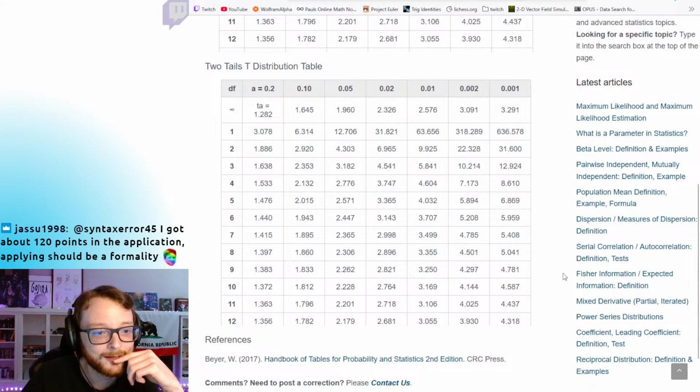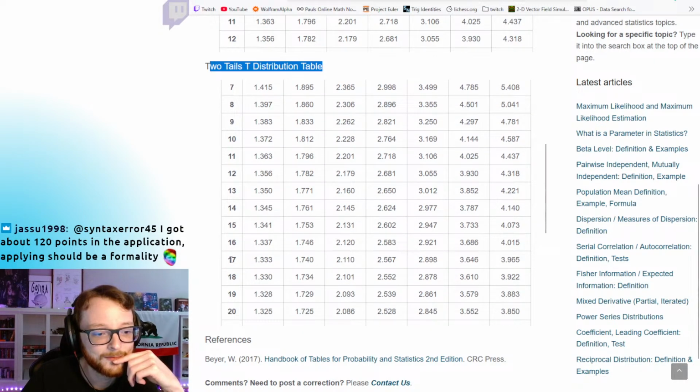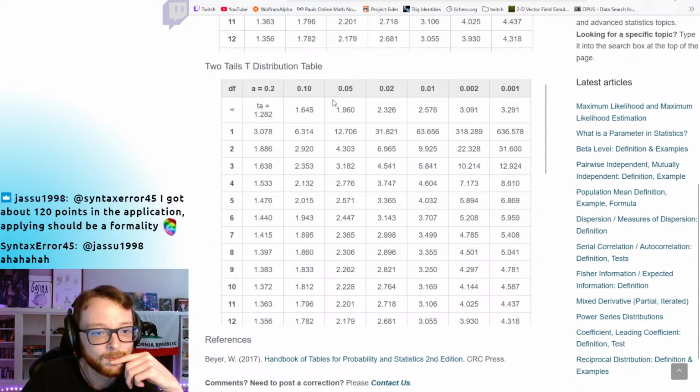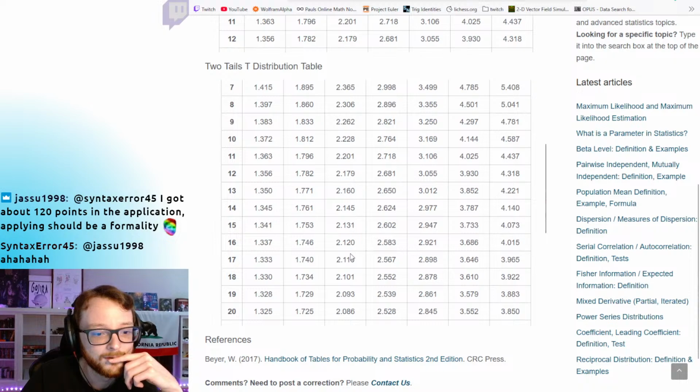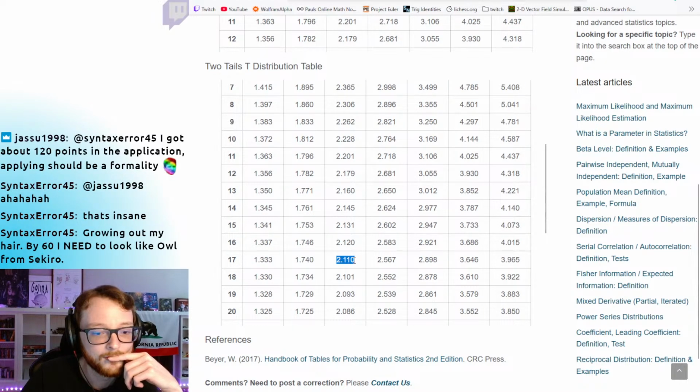stats table? We're doing a two-tailed test. We have 17 degrees of freedom. We're at the 0.05 alpha level. 2.1.